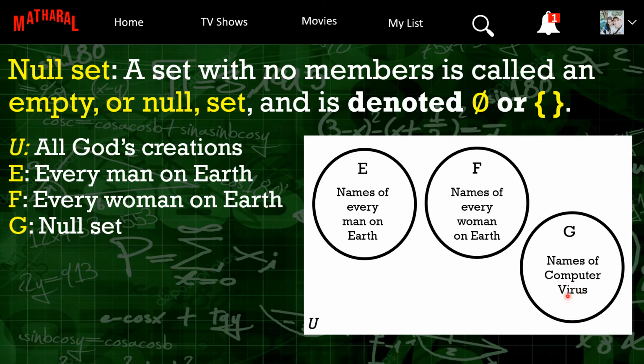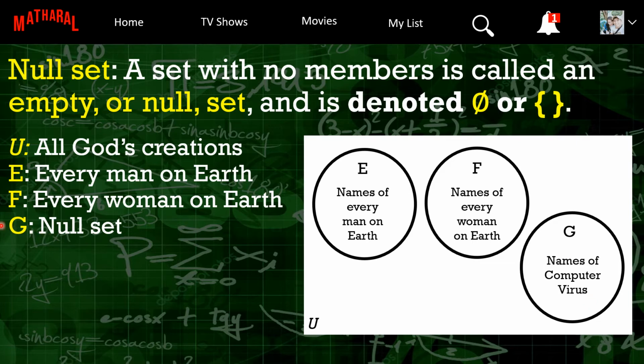Pagdating po kay set G, name of computer viruses. The question is, who invented the computer viruses? Does God create computer viruses? No, you cannot say that because computer viruses is a human-made. So, gawa ng tao yan. So, doon sa representation na yan, masasabi mo na computer viruses ay null set.